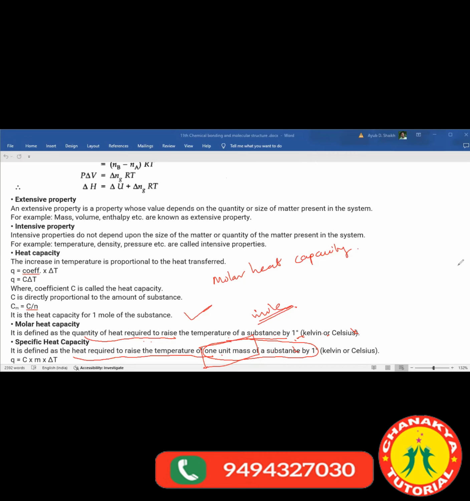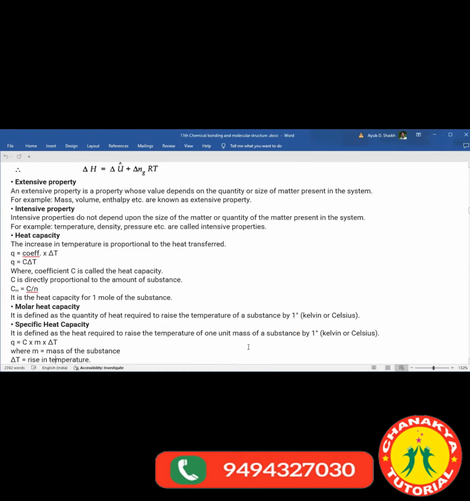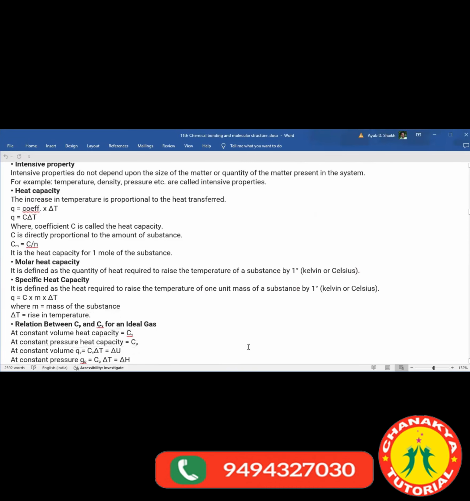Q, the amount of heat required, is equal to C times M times delta T, where C is the specific heat capacity, M is the mass of the substance, and delta T is the rise or change in temperature.